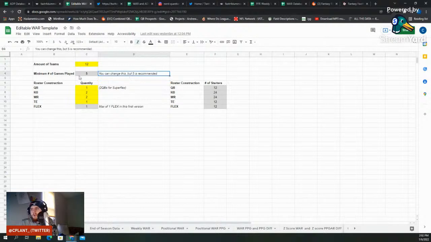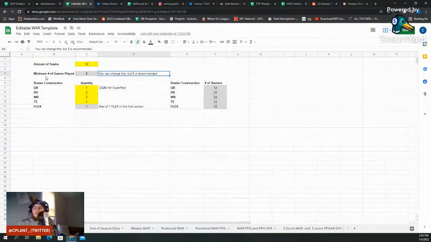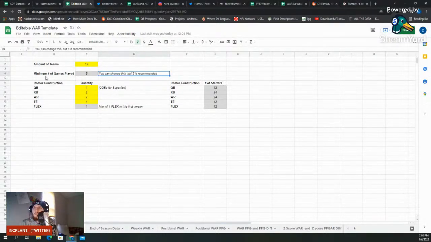I was looking for a way to figure out a minimum number of games players had to play, because otherwise you don't want players that only played one game to pop up highly, because the way it works is every week that a player misses, they get a replacement level value.